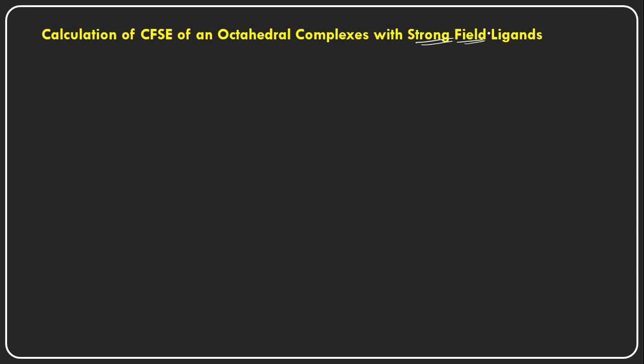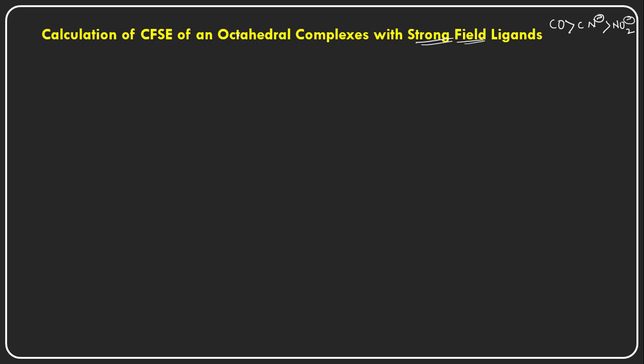What are the strong field ligands? The examples are carbon monoxide, which is a strong field ligand as we have seen earlier in the spectrochemical series, cyanide, CN minus, which is strong field, and NO2 minus, nitro. So these are said to be strong field ligands here.